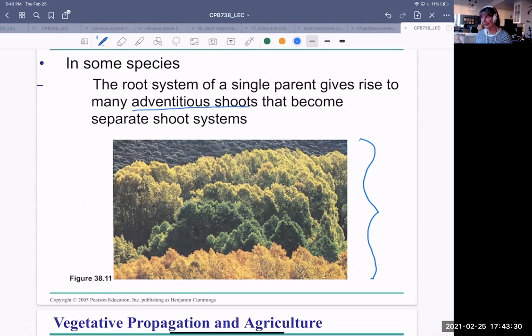Indeed, the oldest living organism, as far as I know, is 80,000 years old. That's a root system that's existed for that long. The trees themselves have gone through lots of things and died off, but the system maintained intact for about 80,000 years.